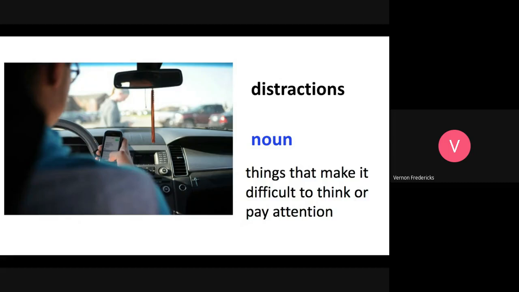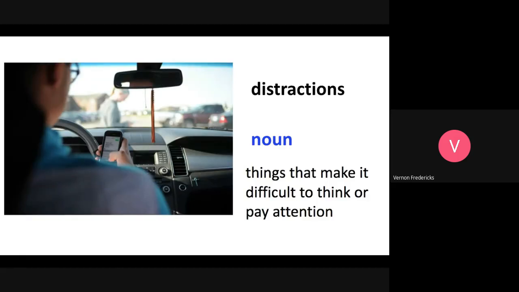So from distractions, I can create my verb. My verb is distracted. The lady in the car is distracted by her mobile phone. So the mobile phone is the distraction. So be careful, students.